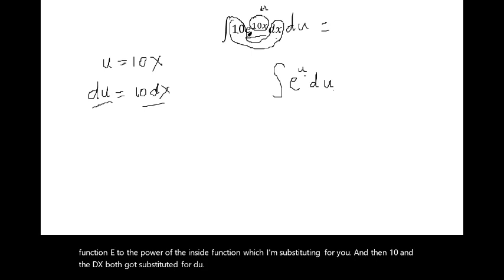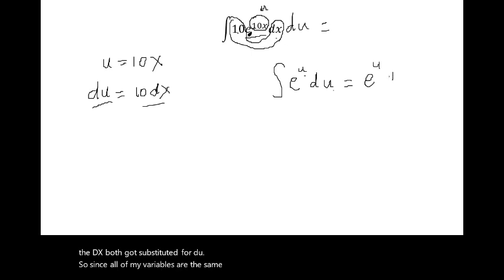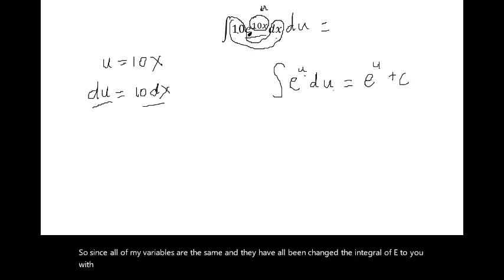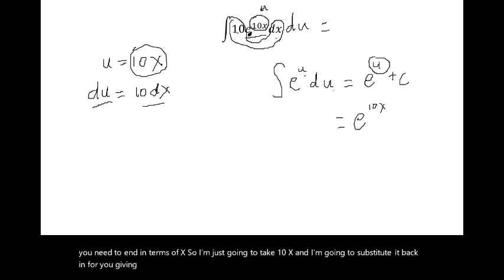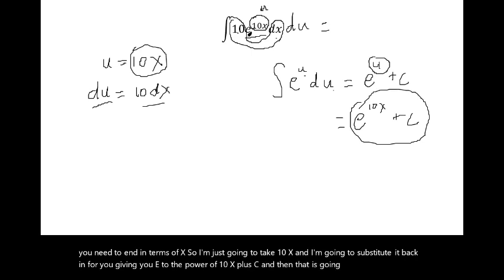So since all of my variables are the same and they have all been changed, the integral of e to the u with respect to u is e to the u plus c. However, just remember that if you start in terms of x, you need to end in terms of x. So I'm just going to take 10x and substitute it back in for u, giving you e to the power of 10x plus c, and then that is going to be your final answer.